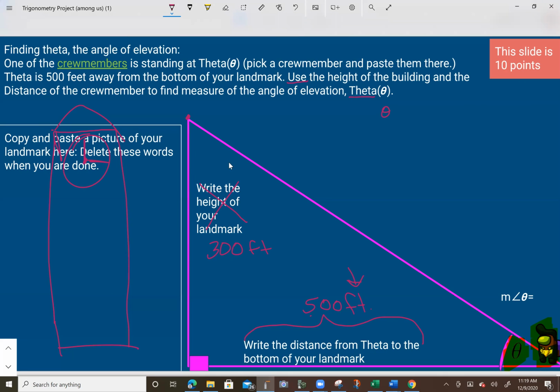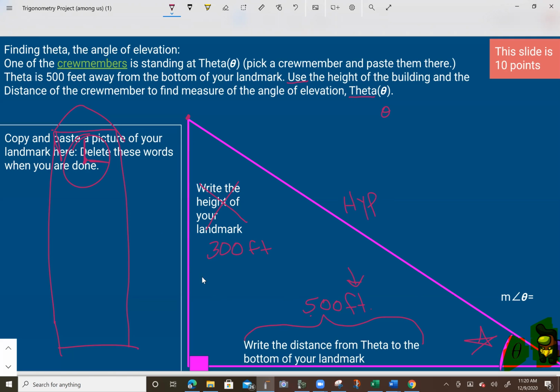The way I'm going to do this is you have to decide which trigonometric function you are going to use. Since I have the height of this triangle, and the distance at the bottom of this triangle, the base, and my angle is here, remember the sides that we learned, the opposite, the adjacent, and the hypotenuse? I know that this is the hypotenuse.